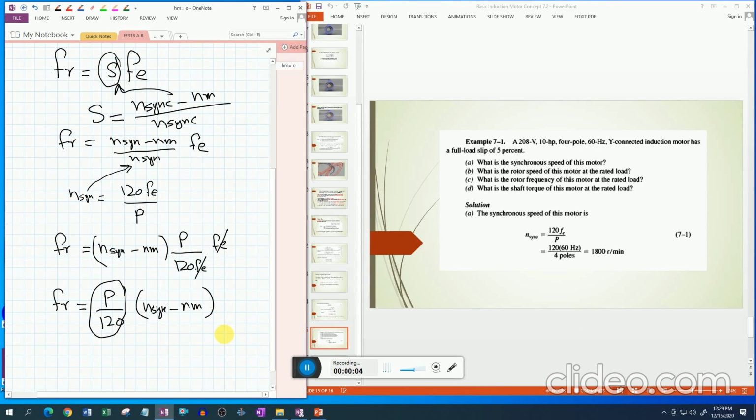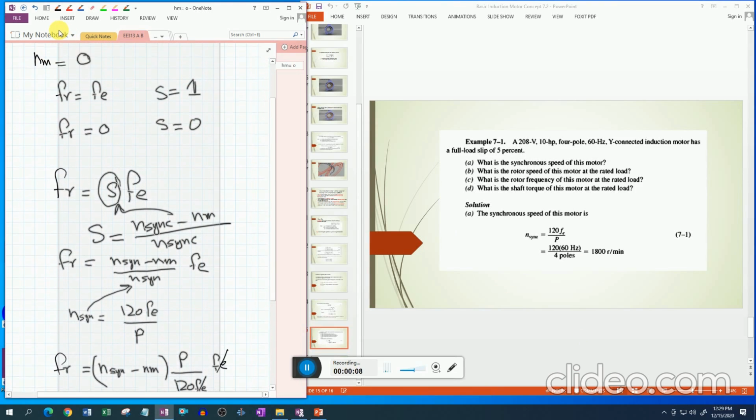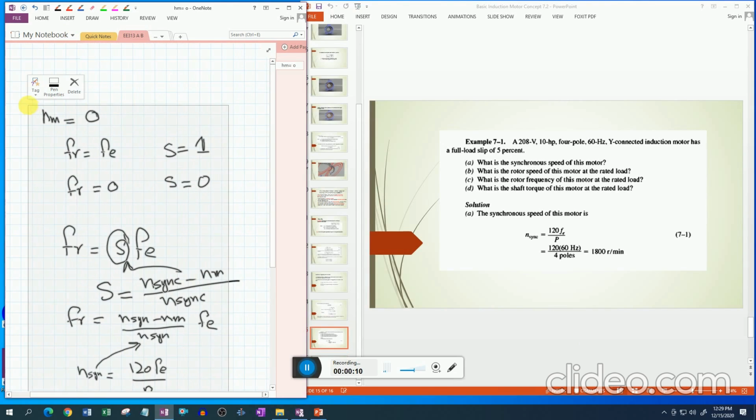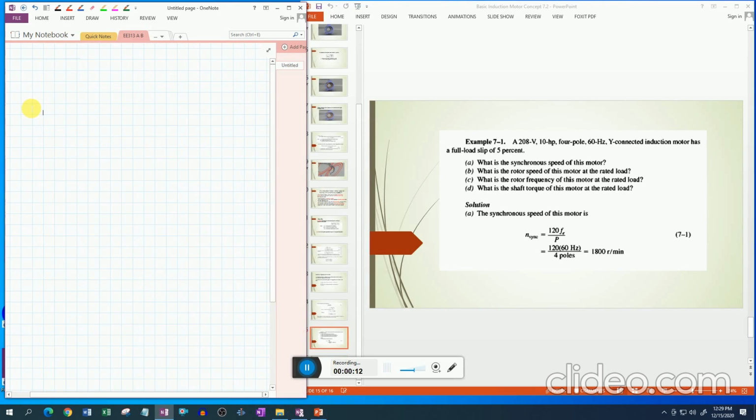So at the end we are going to solve example number 7.1. The example states that a 208 volt, 10 horsepower, 4 pole, 60 Hz, Y connected induction motor has a full load slip of 5%. What is the synchronous speed of this motor?